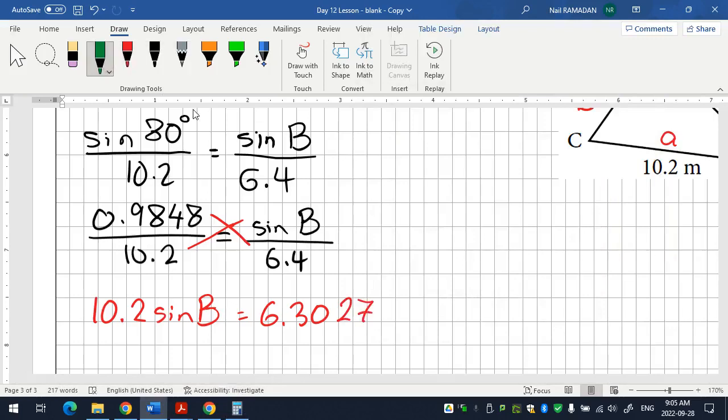Okay. What do you divide by what? So what goes on top? 6.3072. Is that equal to B or still sine of B? Still sine of B. I mean, we're not quite done, but we're very close to being done.